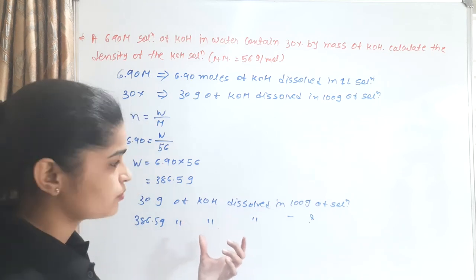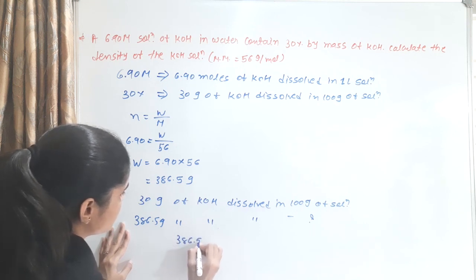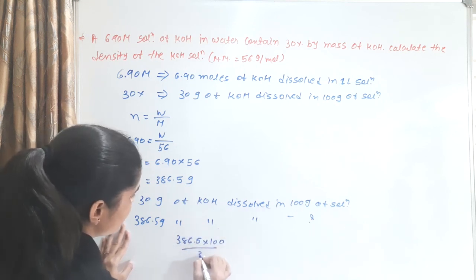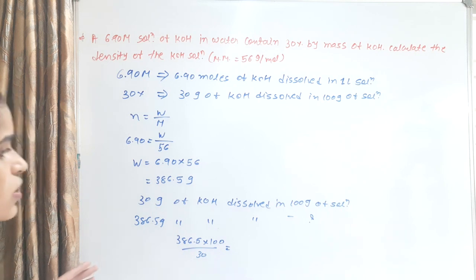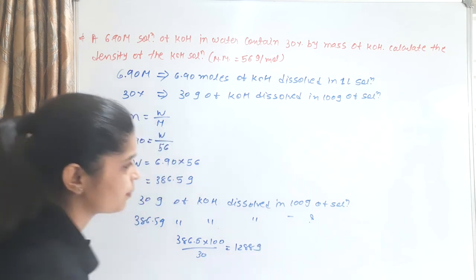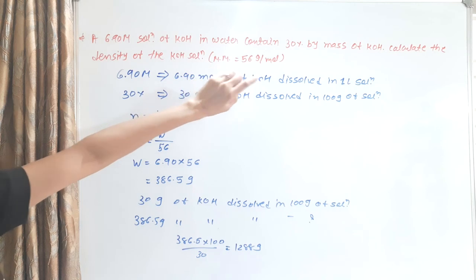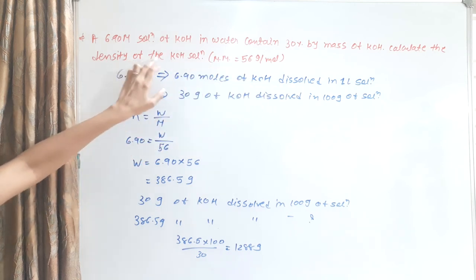How much ml of solution? How much gram of solution? So that is 386.5 multiplied with 100 divided by 30. So that gives the total weight of the solution. So solution answer is 1288 gram. Then find out the volume. So calculate the density of the solution.